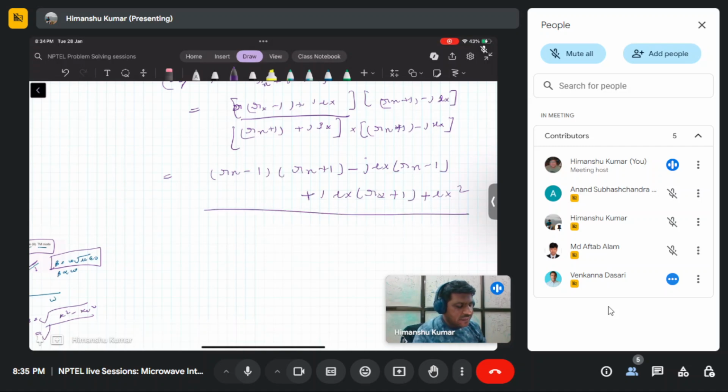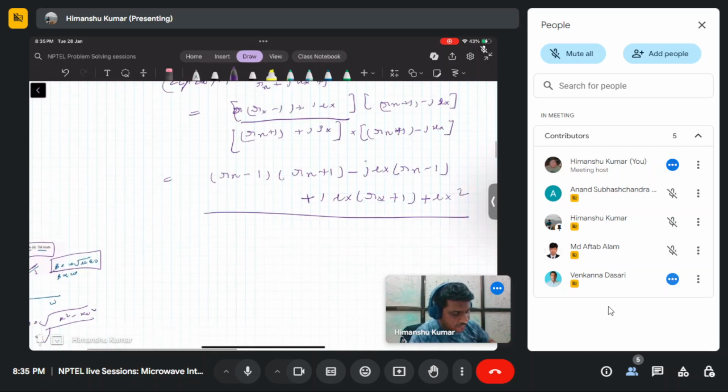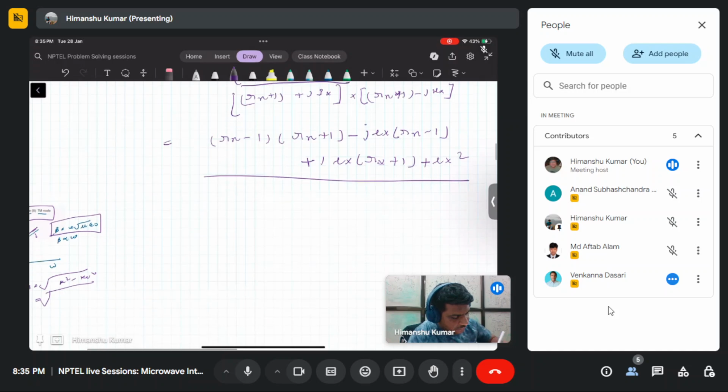So it will become minus j ix square, and j square you can write as minus 1, then it will become just positive ix square. Then the denominator will become rx plus 1 whole square minus j times ix whole square. You can write it just as a square minus b square, right?